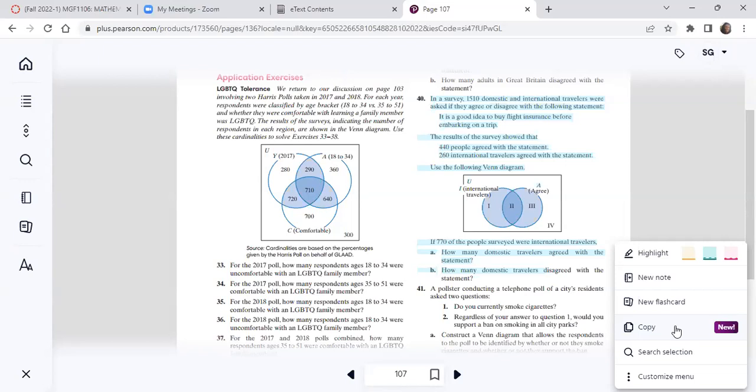And what they have given us is, out of the 1510 total travelers, we've got international travelers to be 770.